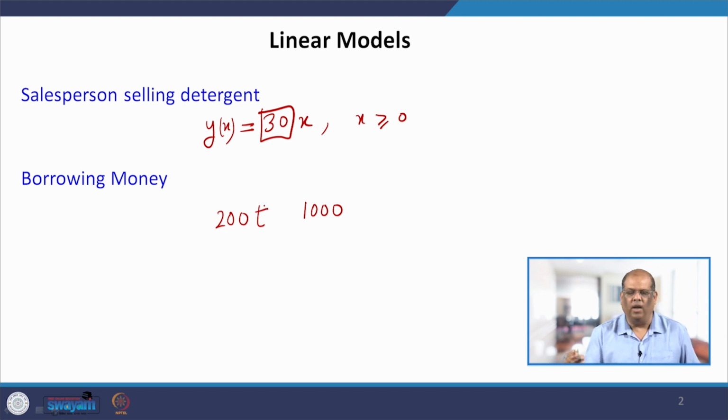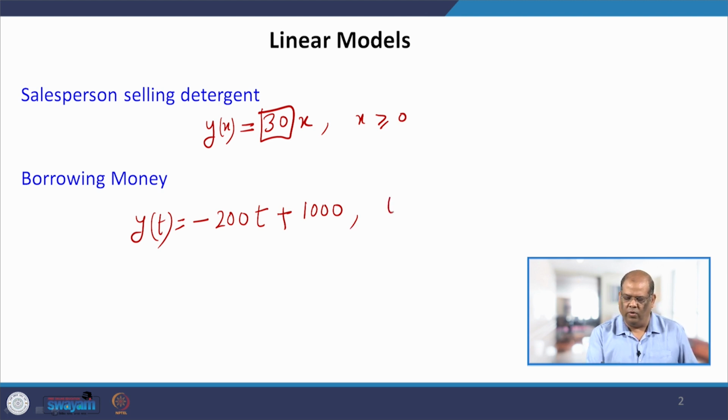I multiply it by the time, I add them, but after 1 month your balance will decrease, so obviously this will be minus. So, now you have y as a function of t, which is equal to minus 200t plus 1000.